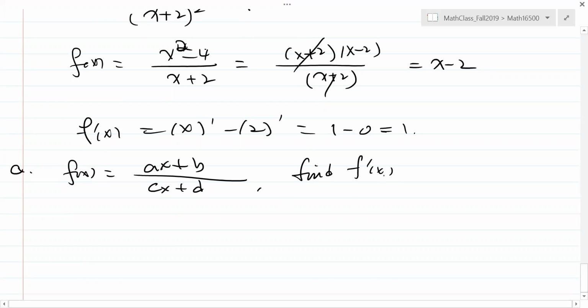All right, so this is a quotient of two functions. Can you find the derivative using the formula I gave to you? Yeah, please do it.